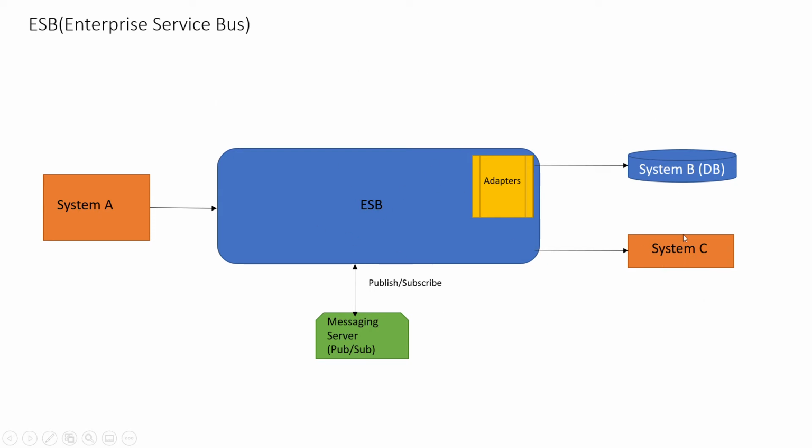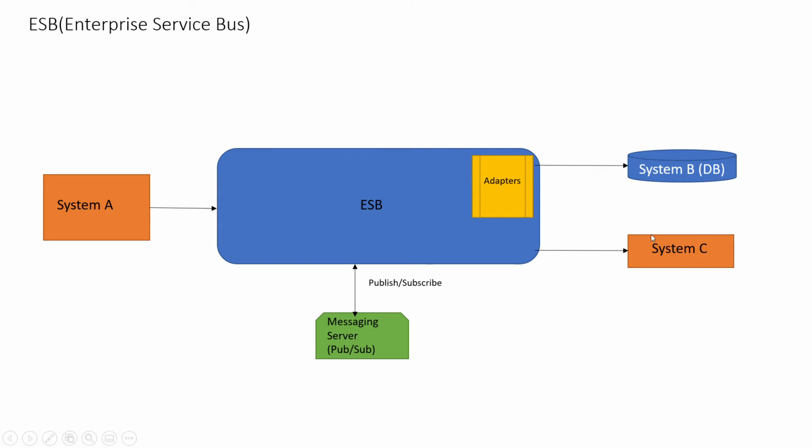So any changes on the web service hosted on system C, let's say system C has changed their port number, or let's say they have added a couple of operations in their web service. Once that happens, they will generate a new WSDL file. So a new stub has to be created at system A. They have to change the URL because they have changed their port, and so on and so forth. So all those changes have to be done by system A because it has a hard dependency on system C.